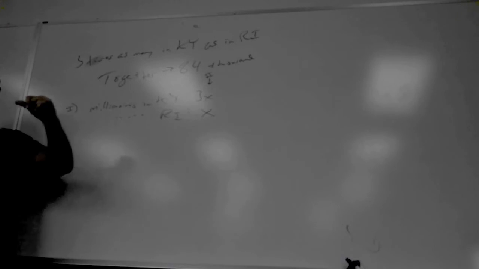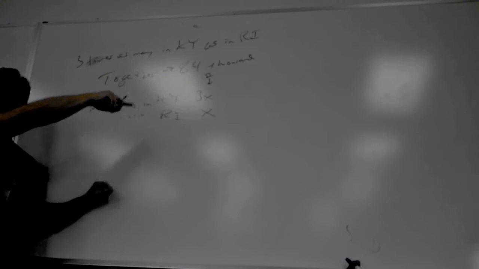What's wrong with comparing Kentucky to Rhode Island in pure numbers? Rhode Island is tiny. They can only fit so many people in there, right? In fact, Rhode Island is the smallest state. Okay, geography is not my strongest. So that's why, saying there's 3 times as many millionaires in Kentucky, you're like, big deal. What's the percentage? That would make more sense, right? All right, that's enough of that side note.